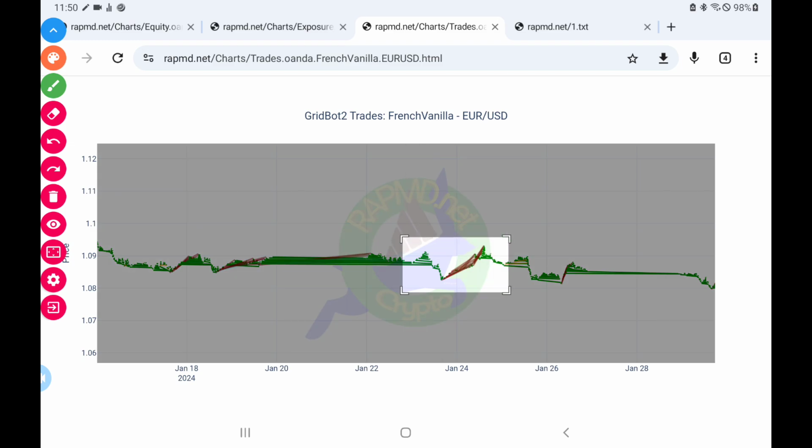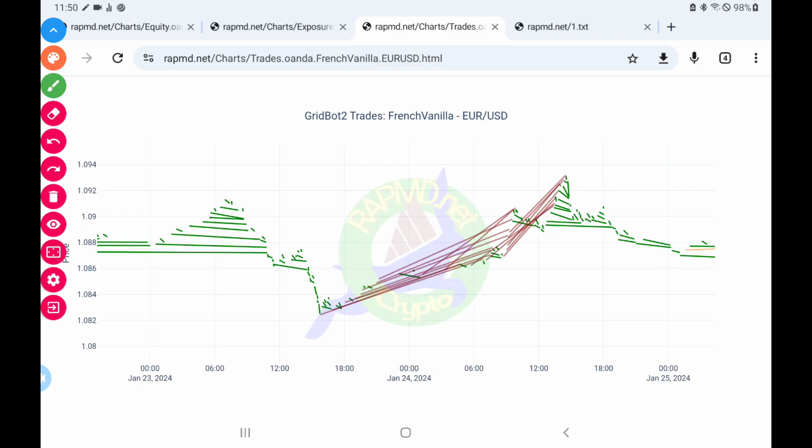Let's zoom in and actually look at it. These are hard stop losses, and they hurt. As we've seen from lemon meringue, strawberry delight, and blueberry cobbler, these are vicious.